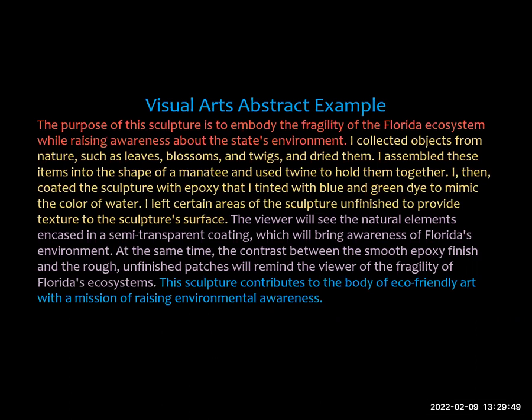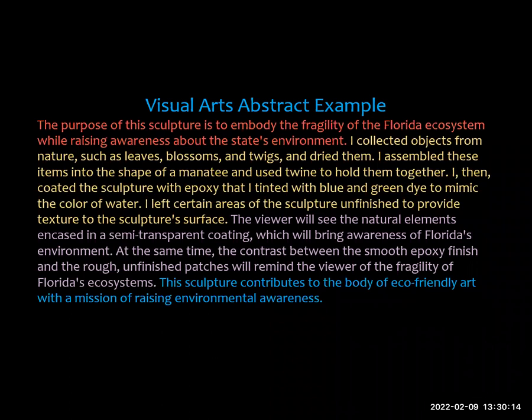This participant actually created a sculpture, and the purpose of the sculpture was to embody the fragility of the Florida ecosystem while raising awareness about the state's environment. And the highlighted yellow portion discusses the methodology, or the steps, that this participant went through to create the sculpture.